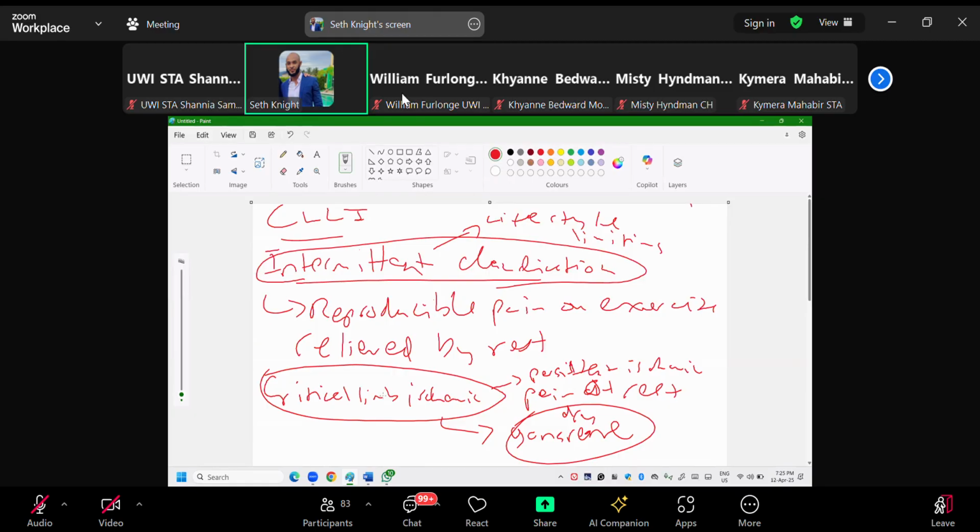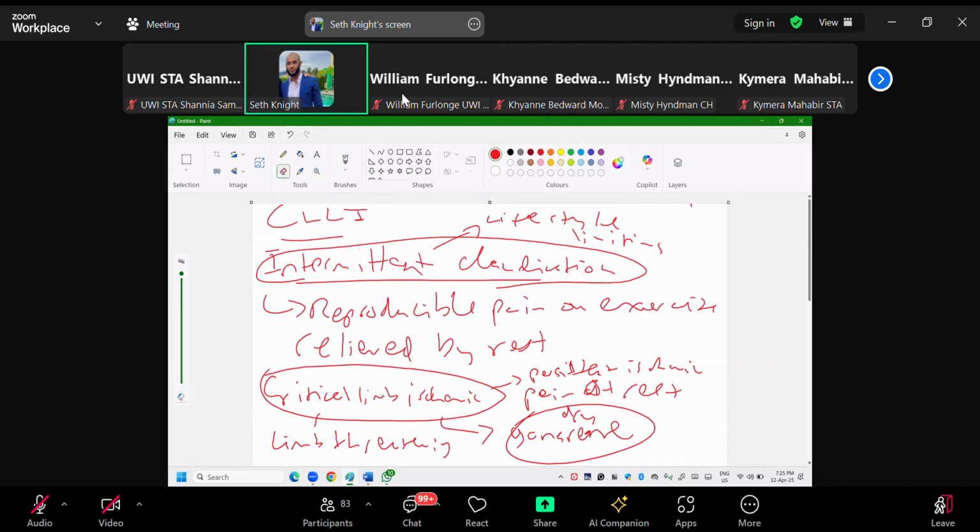Okay, so chronic lower limb ischemia is divided into lifestyle limiting versus limb threatening ischemia. Lifestyle limiting is intermittent claudication, that is reproducible pain on exercise relieved by rest. Our limb threatening is our critical limb ischemia, and that is persistent pain even at rest. And that usually is associated with gangrene and sometimes ulceration.